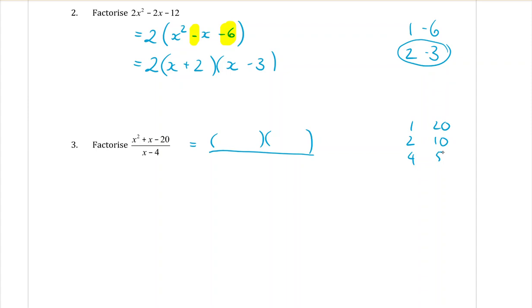The bigger one I said had to be positive, so let's make all the smaller ones negative. That one, and that one. So which one of those 3 options is going to make a +1 when I add them? That one, that's right. So we're going to have x minus 4 and x plus 5. On the bottom, I can't do anything with it yet, I have that x minus 4.